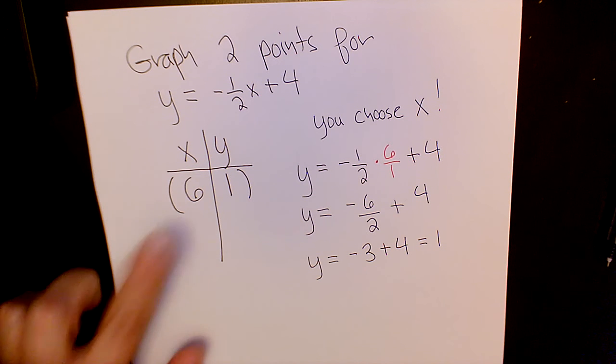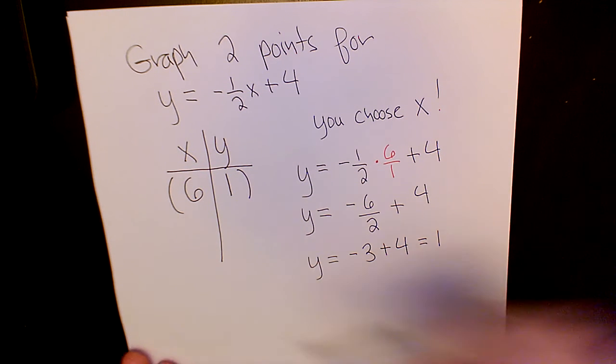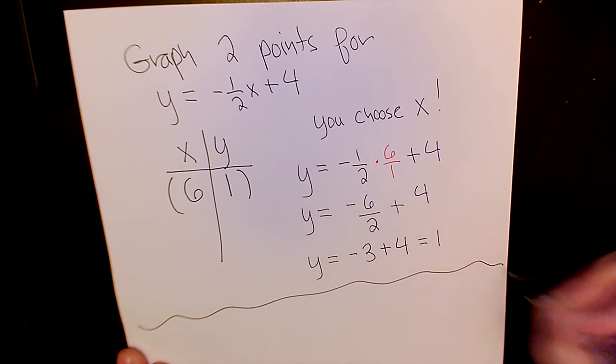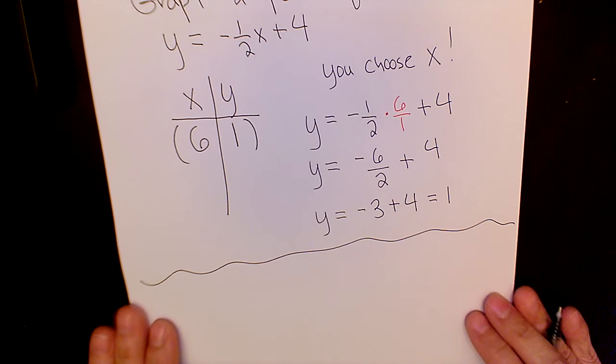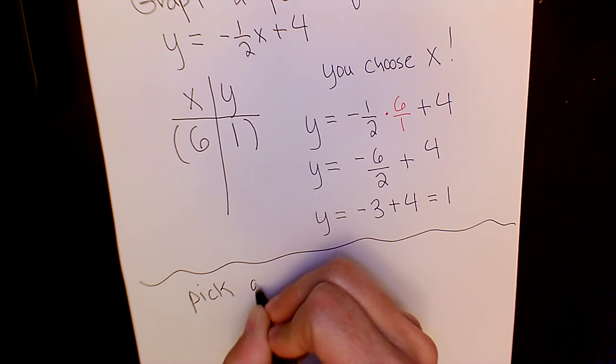Now here's one point, but Hawks wants me to do 2. Okay? So if that one's okay, I need to pick another x.